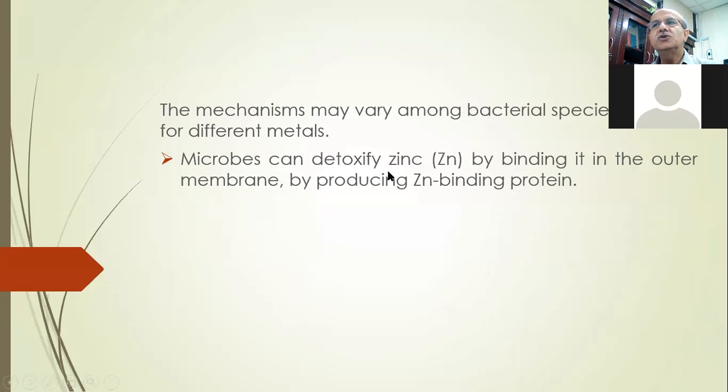Microbes can detoxify zinc by binding it in the outer membrane by producing zinc binding protein. The microbes produce zinc binding protein that binds with the zinc in the outer membrane and does not allow it to enter into the cell. So those bacteria can survive that zinc.